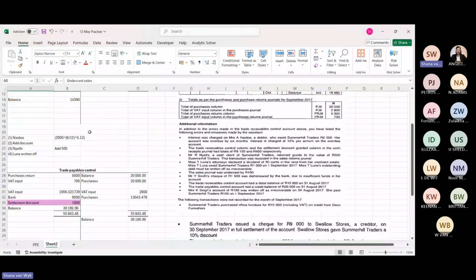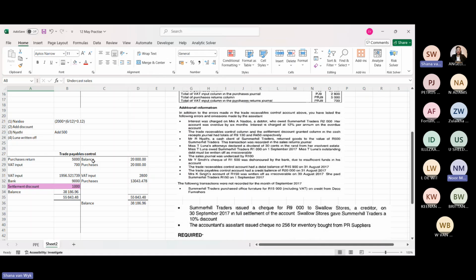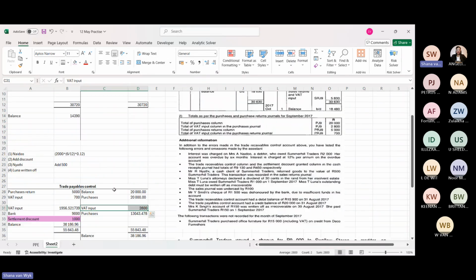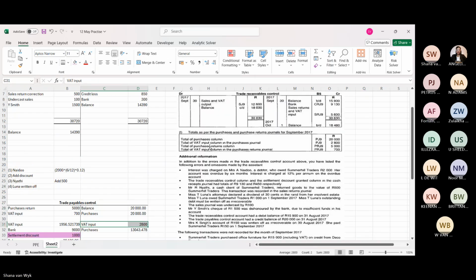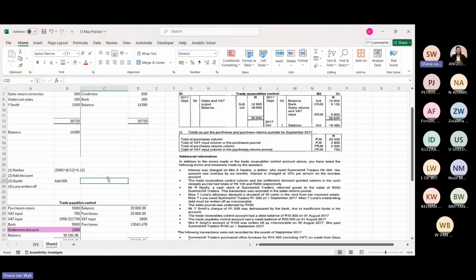Gotcha. So in the payables account, this VAT input should be on the debit side. No, it's on the credit side, it's right. Okay. Why is it on the credit side? The total of the input value in the purchaser's journal.